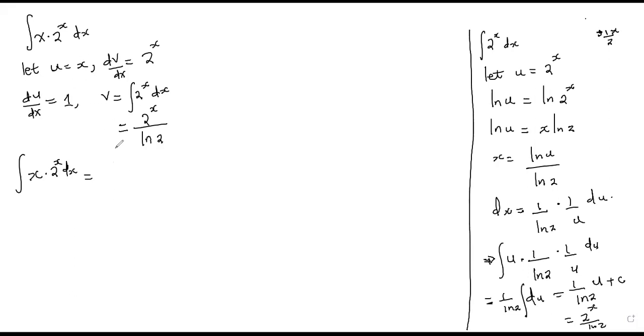So u is x, v is 2 power x over ln 2, minus the integral of v du dx. But v is 2 power x over ln 2. du dx is 1, so I would just say dx.